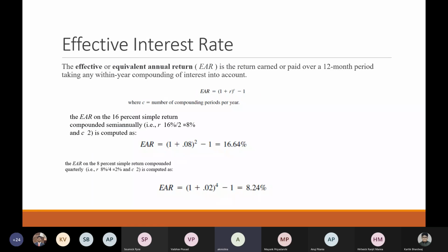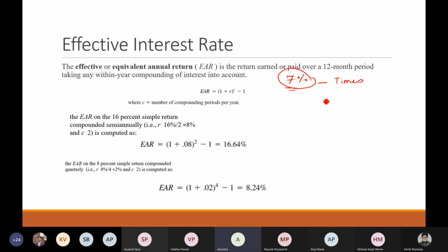And now many times, especially when we talk about banks, in bank compounding happens every quarter, 4 times in a year. So it may be the case, let's say bank is saying that annual interest rate you will get on your deposit is 7%, but it is going to be compounded. So even for 1 year, this 7% is going to be compounded 4 times.